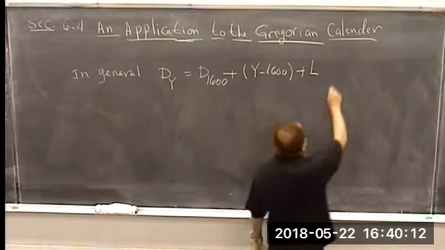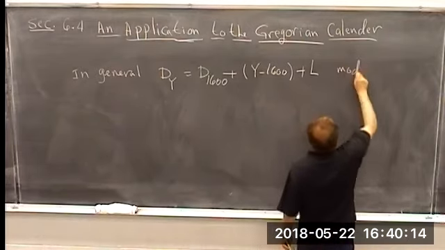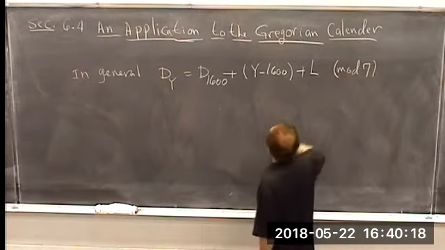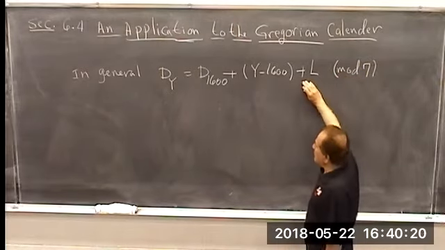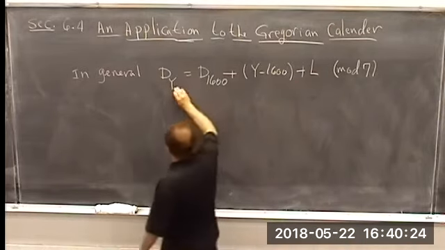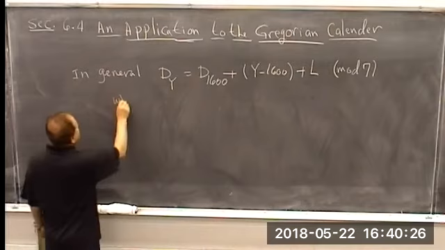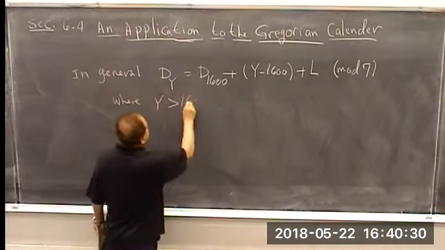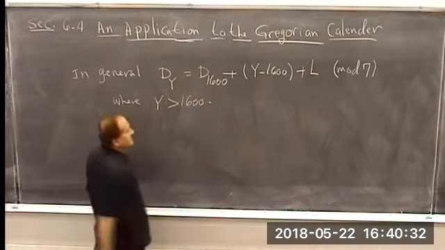Again, mod 7, because we're not going 1 year at a time here. We're going to the year y, where y is bigger than 1600.